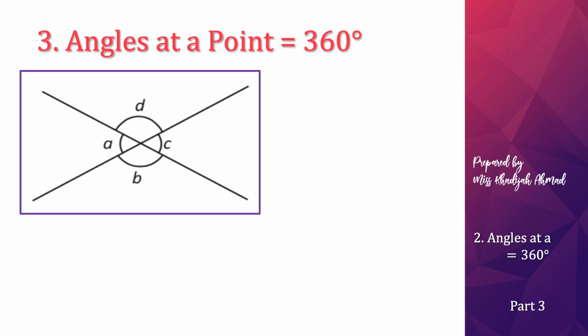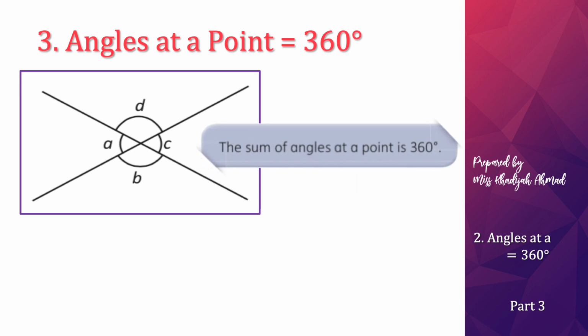Here we have four angles that meet at a point, which we already know will add up to 360 degrees. So here we simply write the names of our angles adding each other, and that would be equal to 360 degrees.